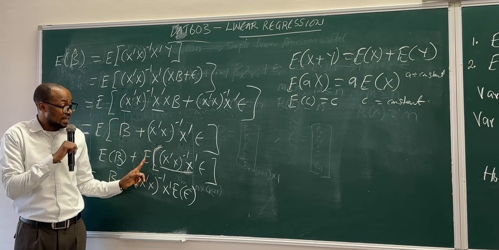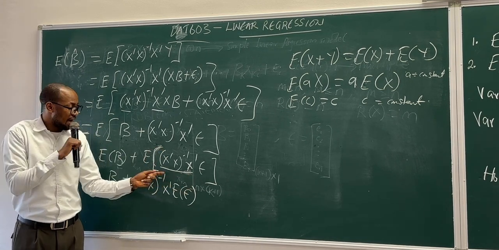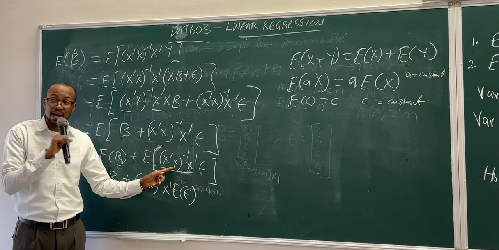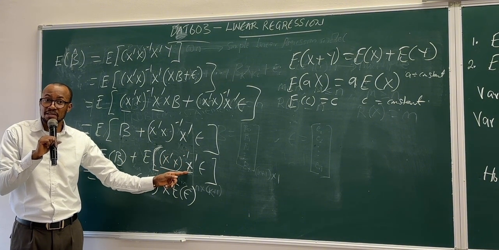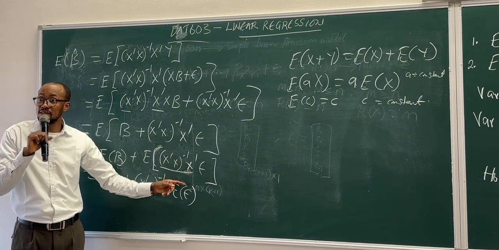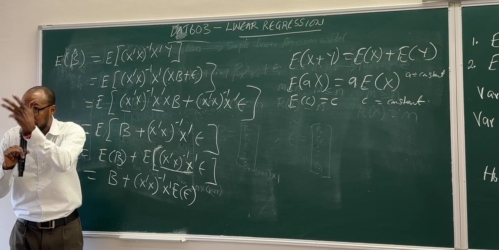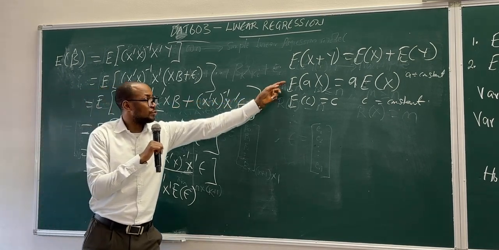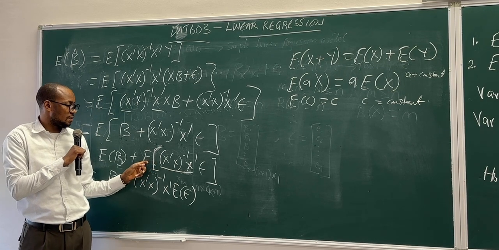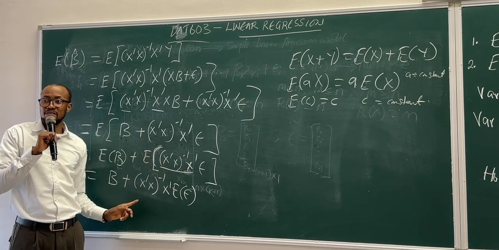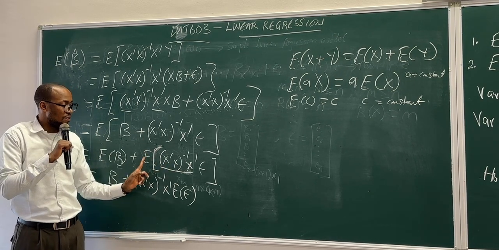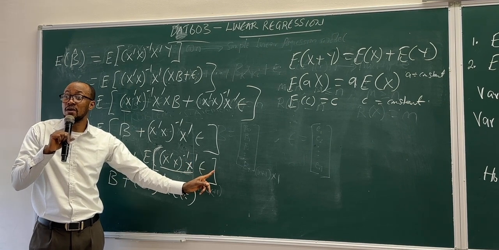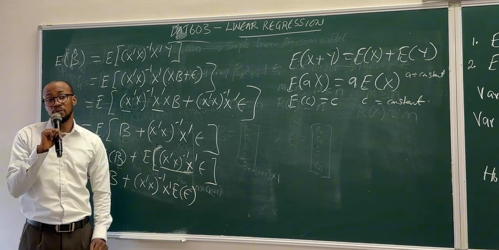Now, we want to take the expectation of everything here. X prime X inverse times X inverse is a constant. They are fixed values, right? If they are constant, by virtue of this rule, they go to the back of the expectation. Then we find the expectation of E, because E is a random variable.